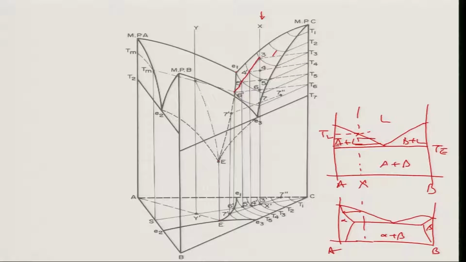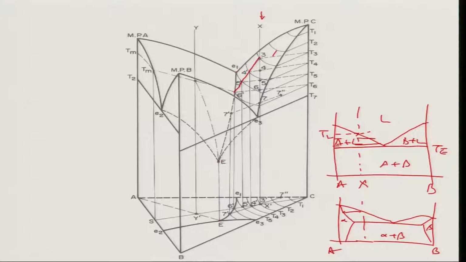So, what will happen? Because it is lying on this valley between small e1 and E, still at temperature T6 this is going to precipitate only C. But as it reaches below T6, as it touches this valley between e1 and capital E, this will also start precipitating A. Why?